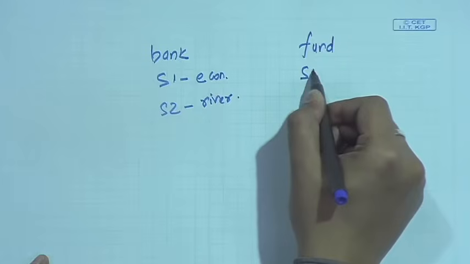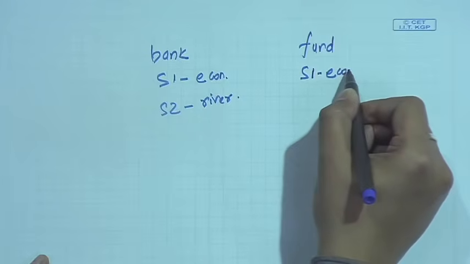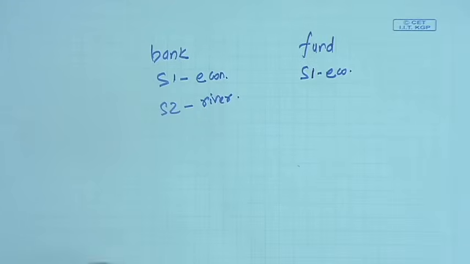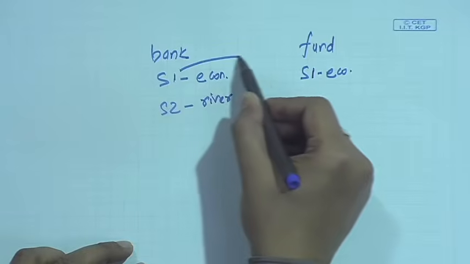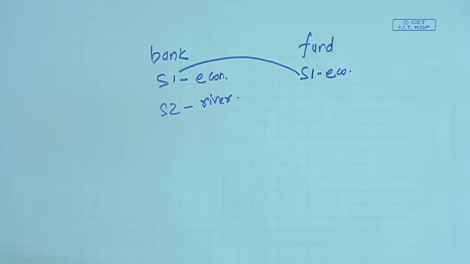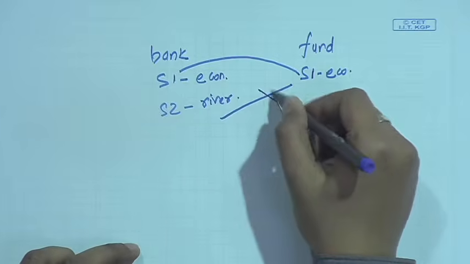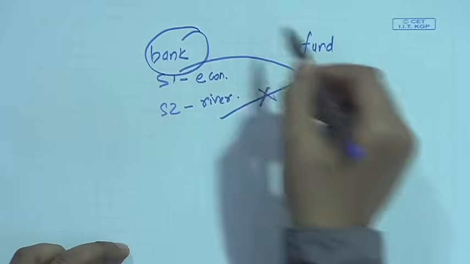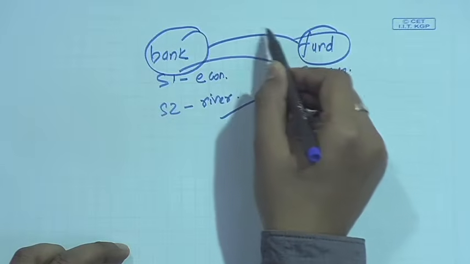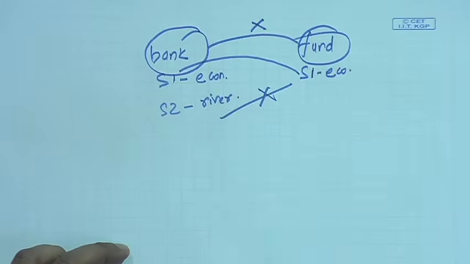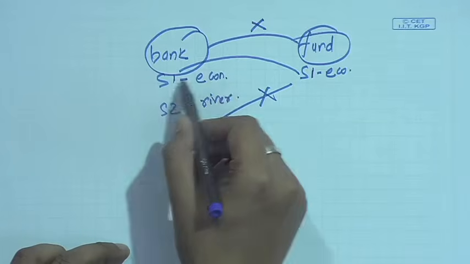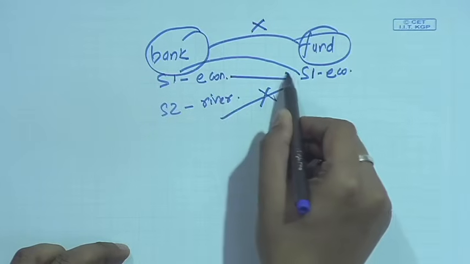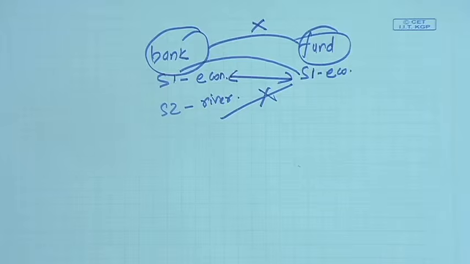And there is S1, that is for economy. So I will say that sense one of bank is connected to this particular sense of fund, but I cannot say that bank is connected to fund. This is not true, and saying that will not be correct. What I will say is, sense one of bank is connected to sense one of fund.